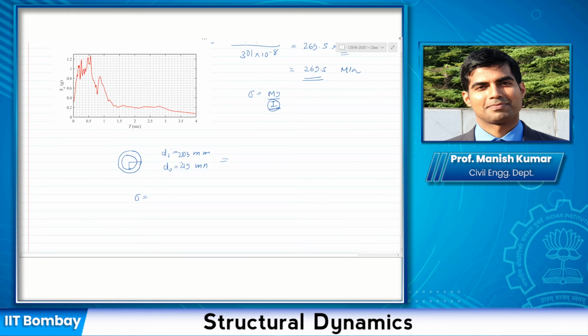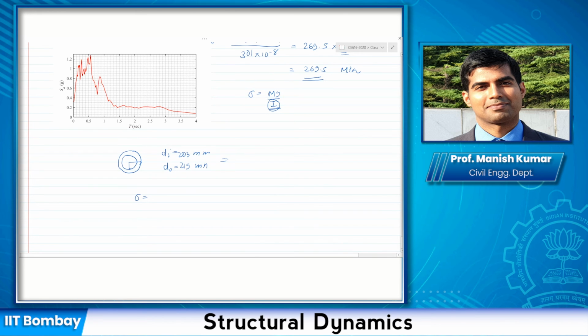One thing to notice here is that you are increasing the section diameter. Remember that your stiffness is also going to change. It is 3EI by L cube. So a lot of other things are also going to change here. You'll need to calculate the time period again, find the maximum deformation, acceleration, peak forces, and the base moment again.